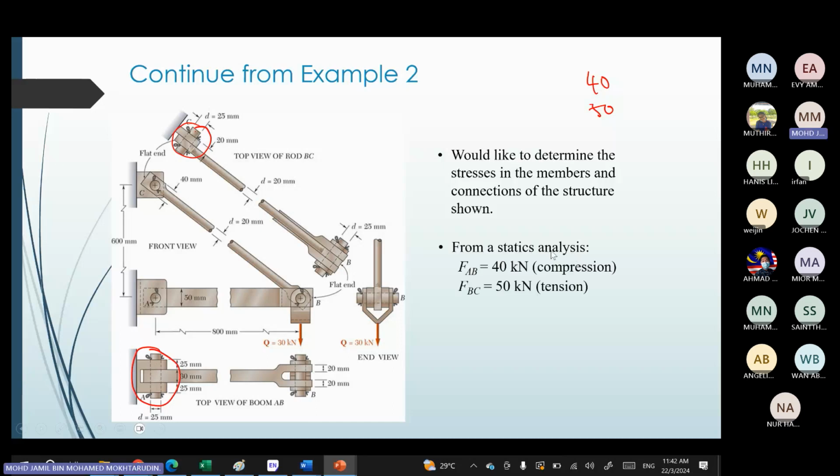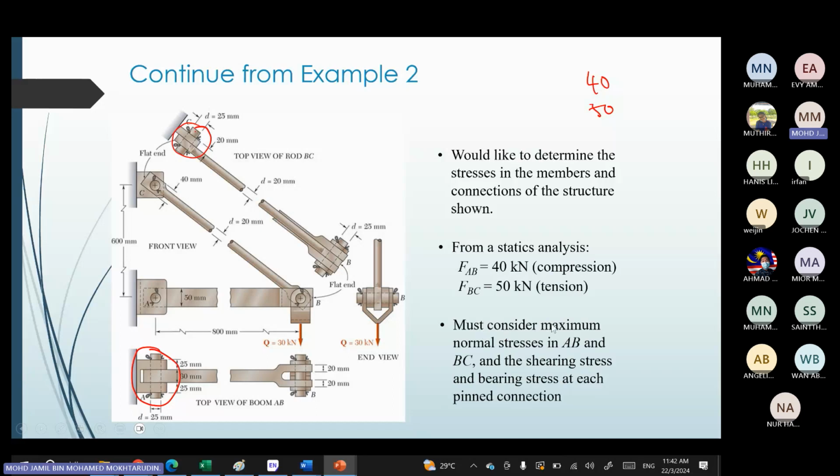So from static analysis, we determine FAB 40 kilonewton and FBC 50 kilonewton, compression and tension. And then we must consider maximum normal stress in AB and BC and the shearing stress and bearing stress at each connection.